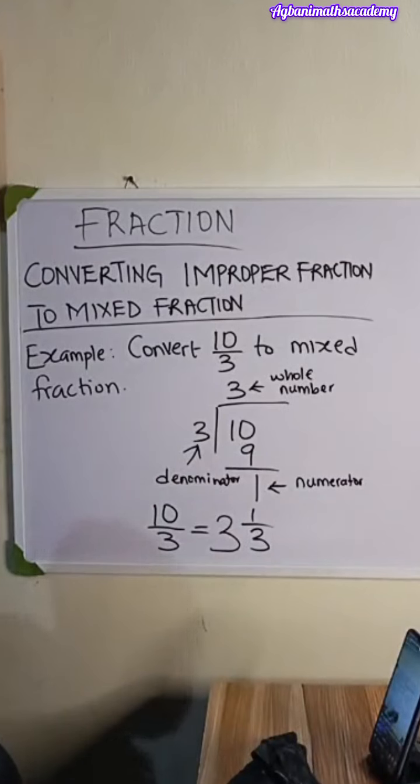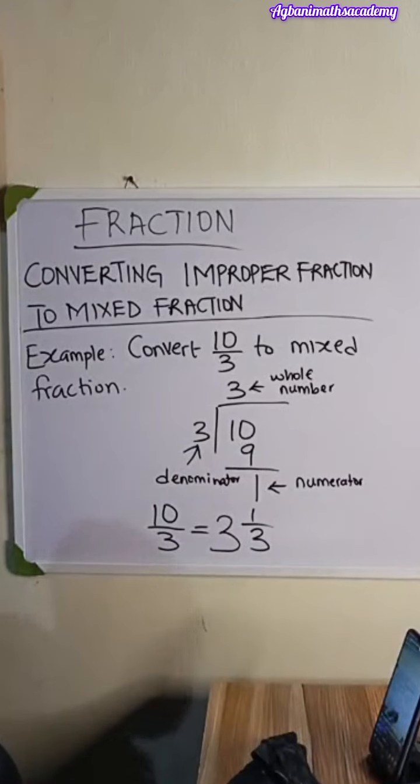Okay, so now let's step up a little. So let's have 30 over 4. 30 divided by 4.